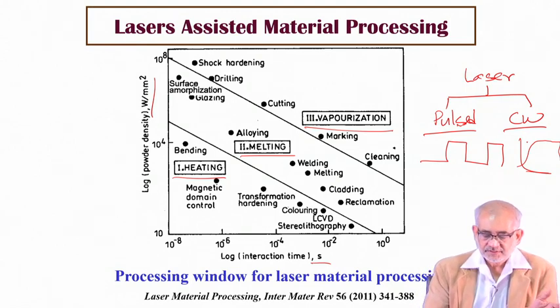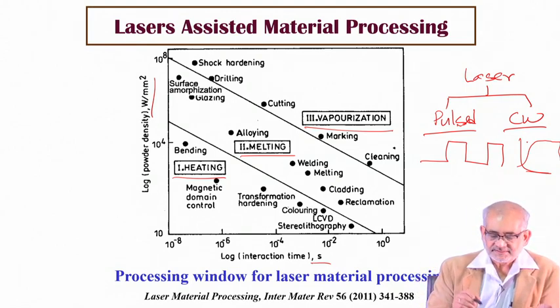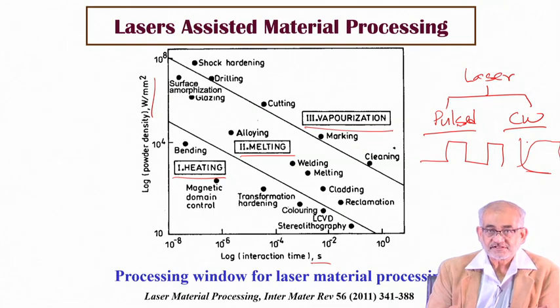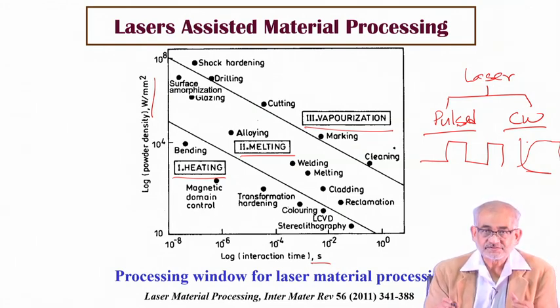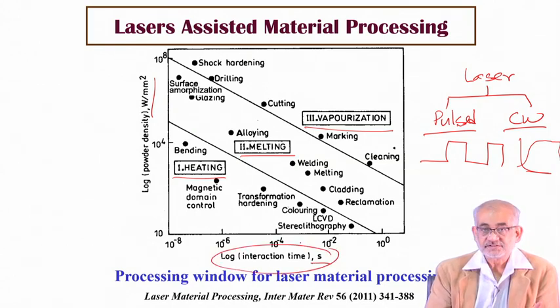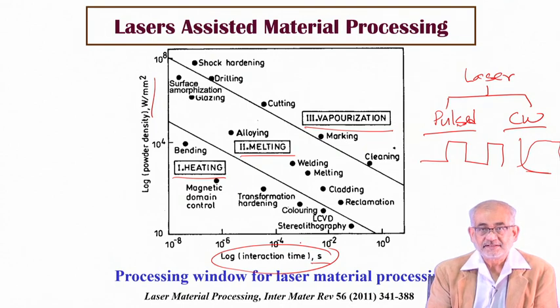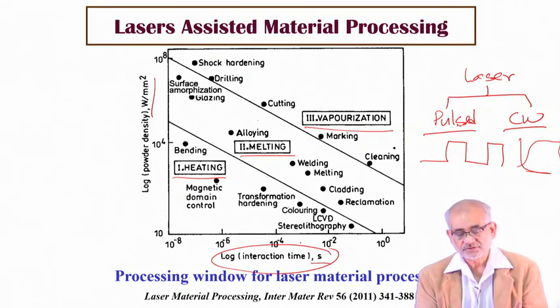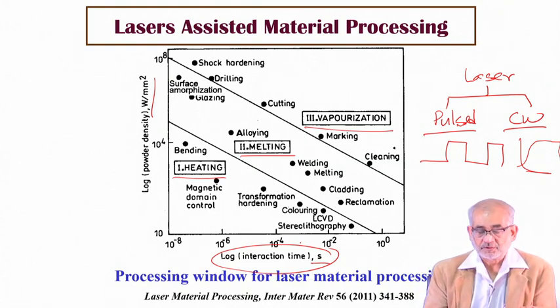The basic thing that I'm trying to emphasize, and this is what all of you will have to remember always while dealing with laser, is that there are only two major process parameters: the interaction time, which in case of pulse laser is simply the pulse on time, and you can either go by the cumulative time that the laser beam is on, or else simply the pulse width.